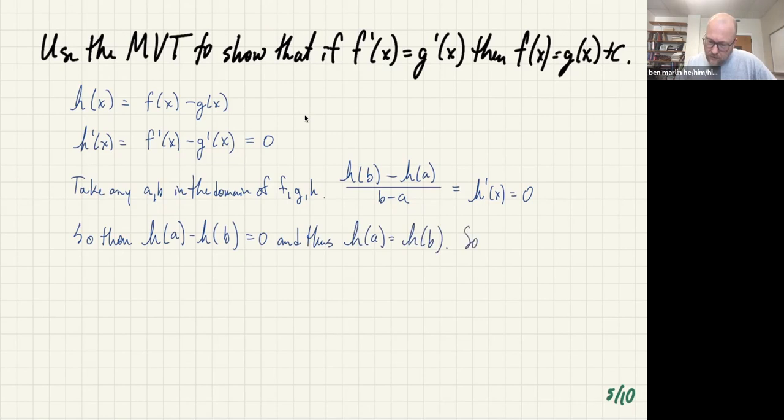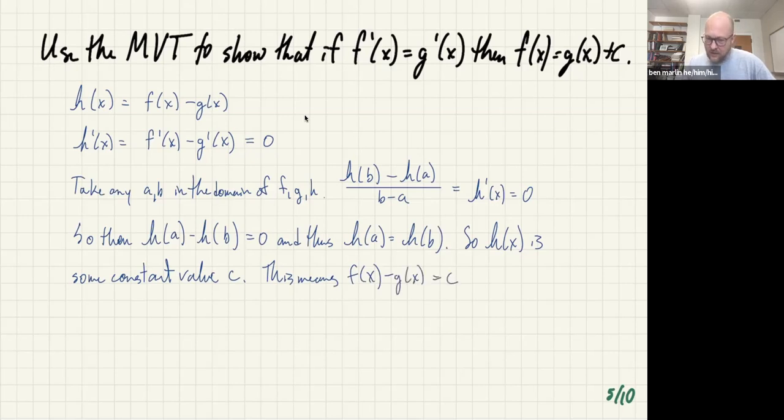So h of x is some constant value c. And this means f of x minus g of x is equal to that constant value c. So f of x is g of x plus c, right?